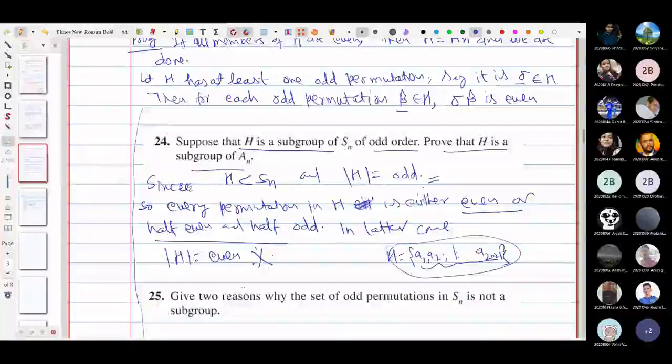So it means that this H of odd order should be a subset of what?